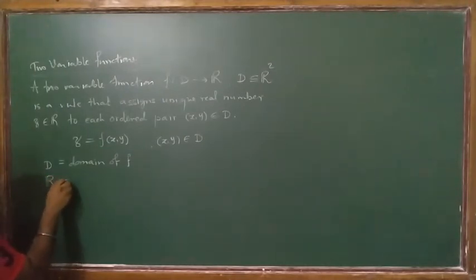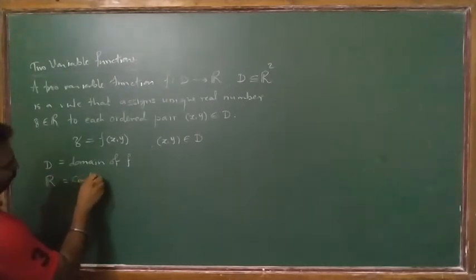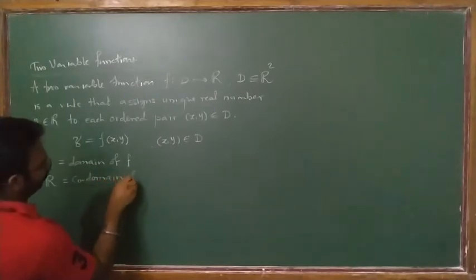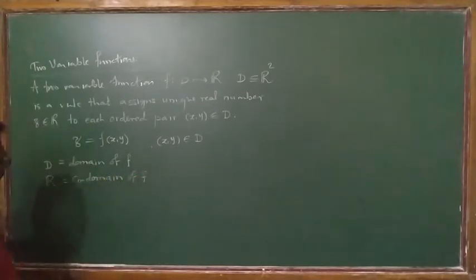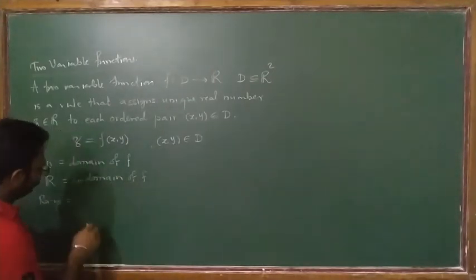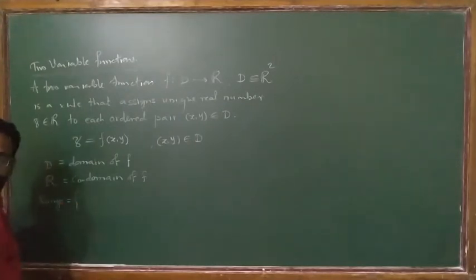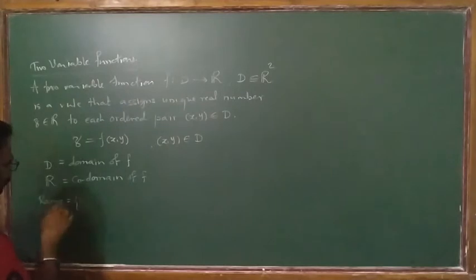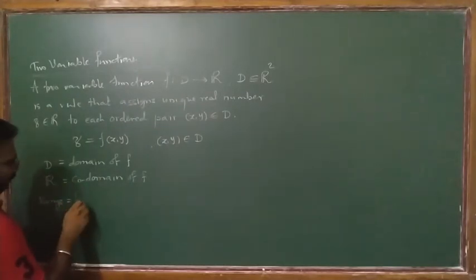Set R is the codomain of f. And the range of f would be the possible outputs, all the possible images under function f.